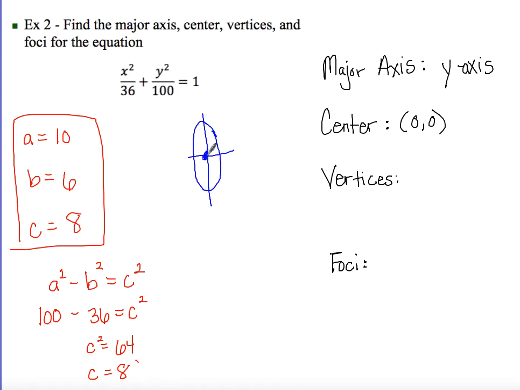So when I'm getting to my vertex points, A is the distance from the center to this major axis point, right? So this little distance in here is A. Well, if this is 0, 0 and I'm going up to get to that spot, I can tell that that's going to be at 0, 10. And then also 0, negative 10. Your choice if you want to label it on this picture or just write down the answer.